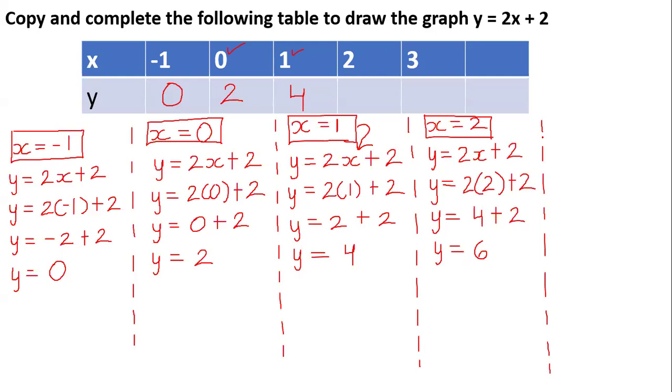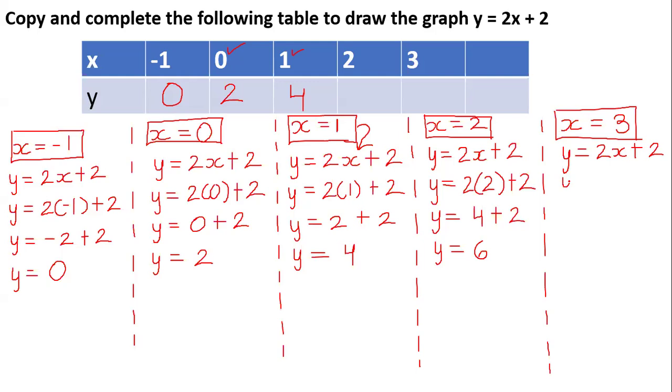All right. Next, we have x is equal to 3, right? And so we have y is equal to 2x plus 2, good.